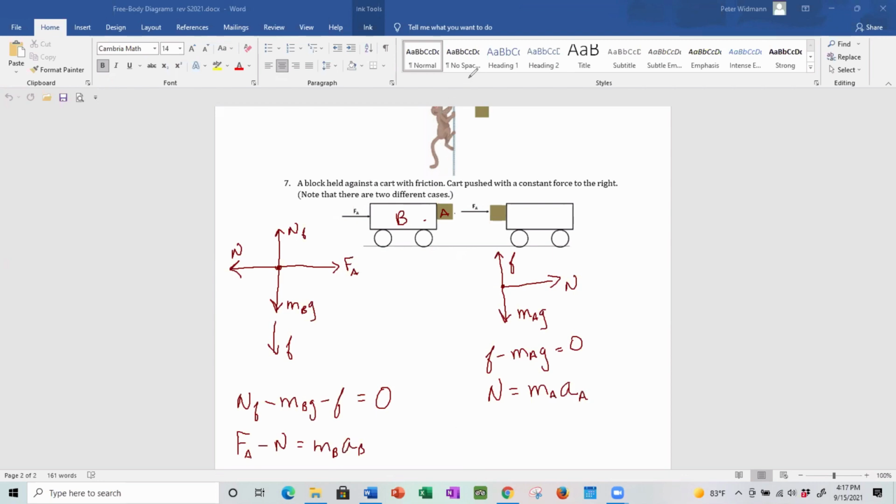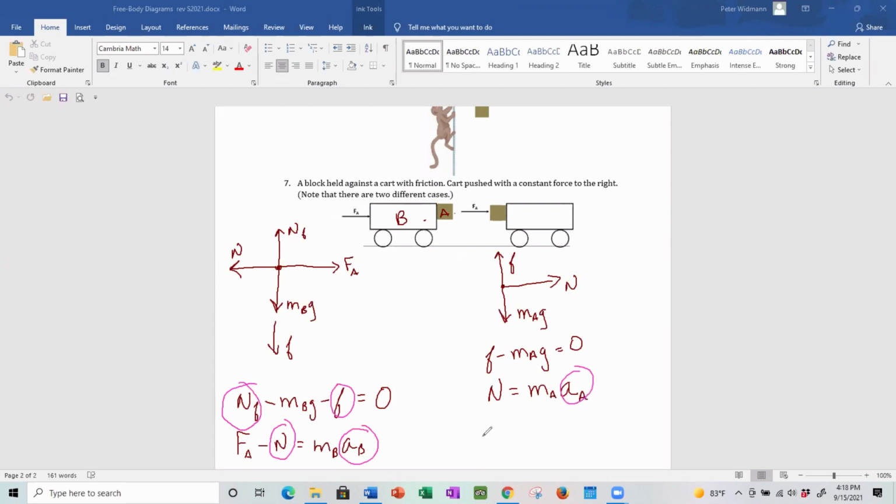Now, let's look at the number of unknowns we have and the number of equations. So the normal force of the floor is an unknown. The frictional force is an unknown. FA is considered known, so the acceleration of B is unknown. Oh, I forgot, this N is an unknown. And I have A sub A. So I have 4 equations and 1, 2, 3, 4, 5 unknowns.